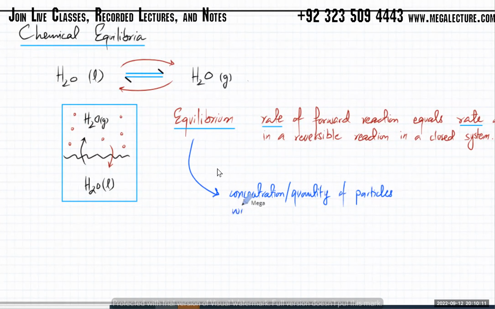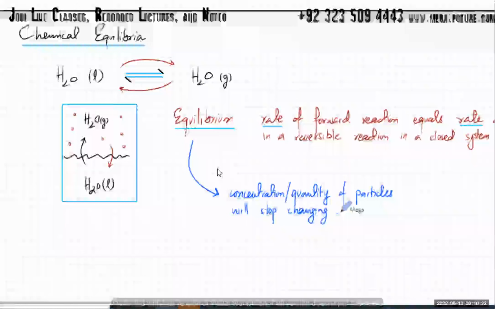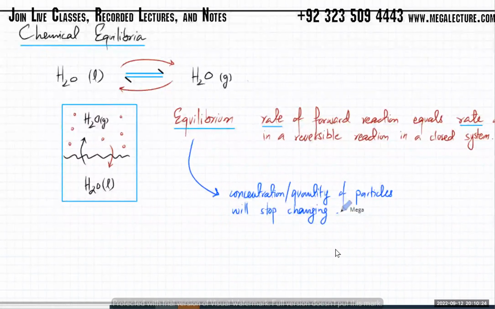Unaid, is this clear? Saad, clear है? Yes, sir. Achha, so it's going to stop changing, ठीक है? And it's going to be at equilibrium.